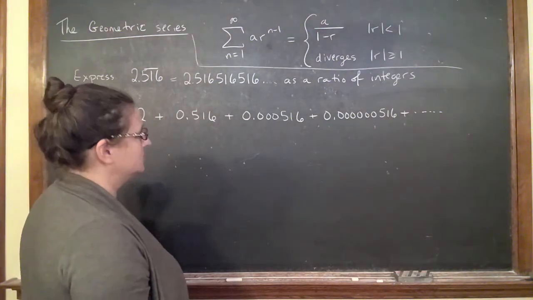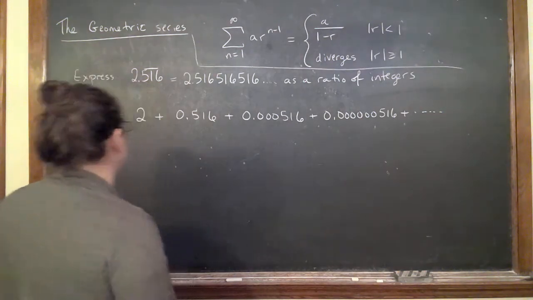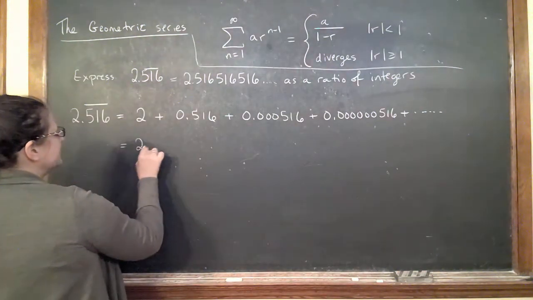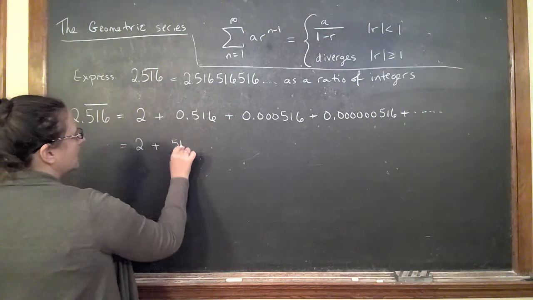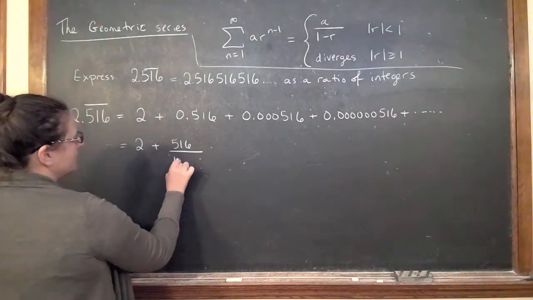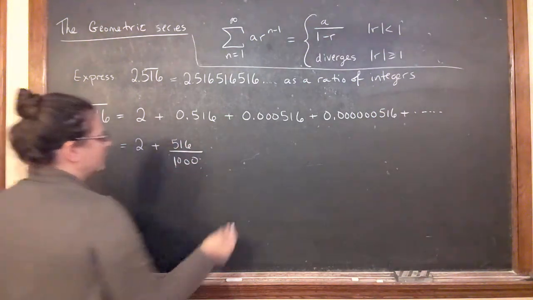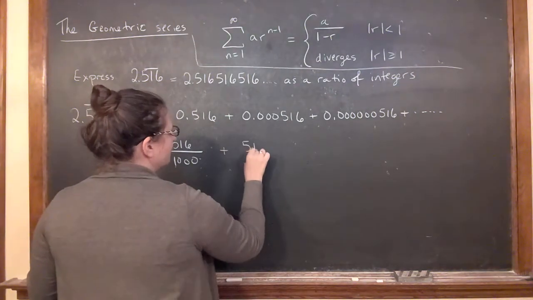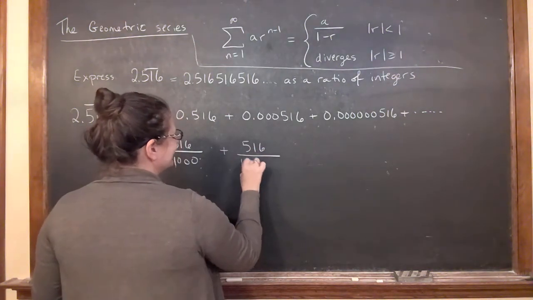That's not so easy to see, but if I write these as fractions, this is just 516 over 1,000. This is 516 over 6 zeros.